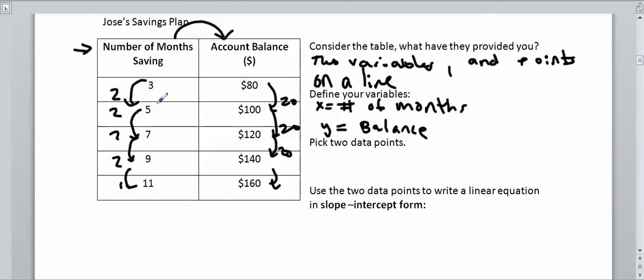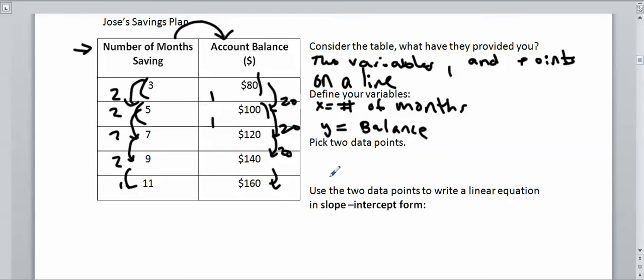So I'm going to pick two data points. I'm going to go with (3, 80) and (5, 100). They've given you 5 data points. The only thing that you need to write an equation is 2 of those points, because I need a rate of change and a point on the line. The only thing I don't have at this point is that rate of change.